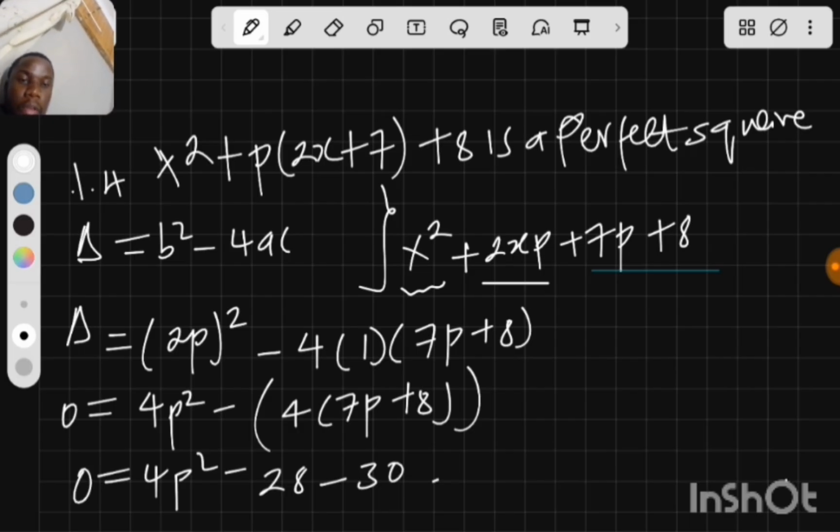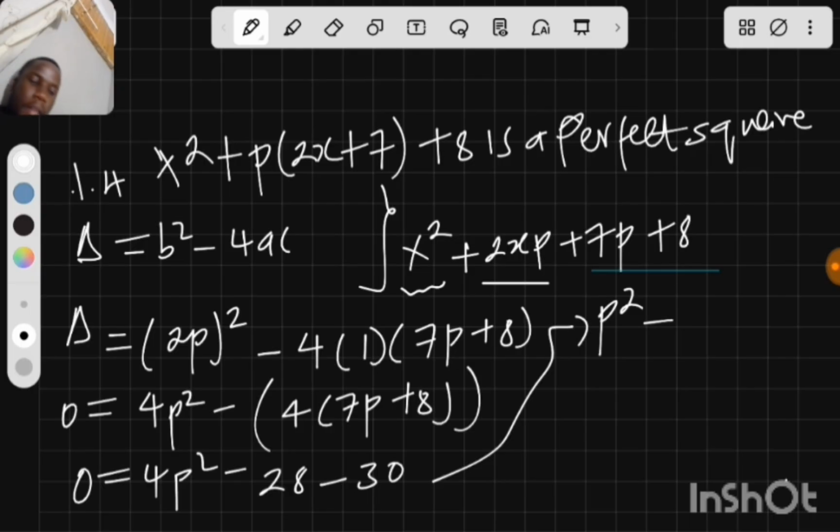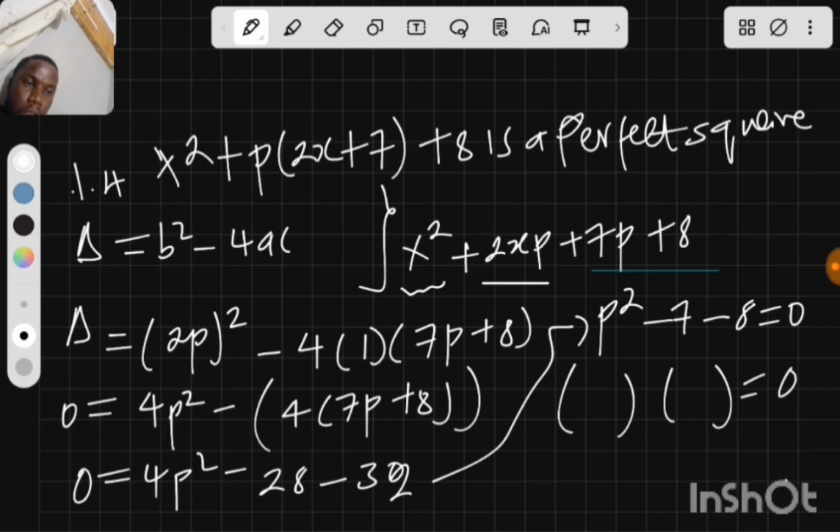Then you can divide the whole statement by 4. We're going to have p squared minus 7p minus 8 equal to 0. Then you do 2 pairs of brackets. The factors of p are p and p.